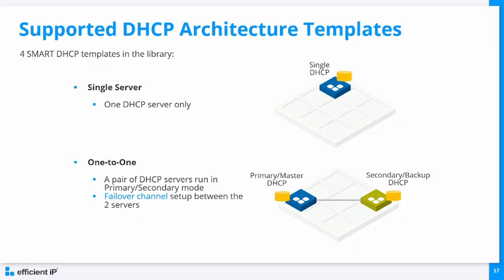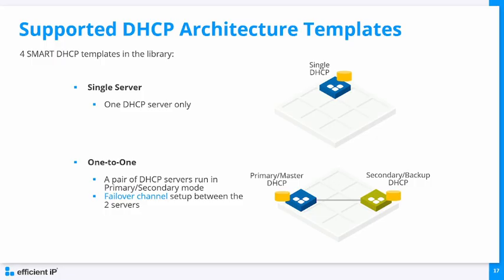Now, the primary and the secondary DHCP server, both of them will offer IP to the client. By default, it's active-active, unless you want to change it to active-standby. So they can both lease IP to the client.